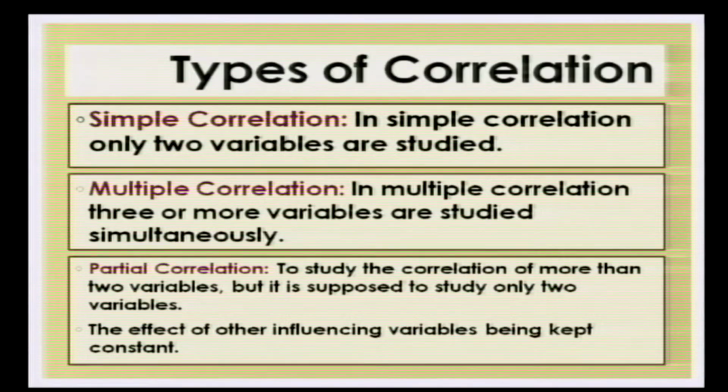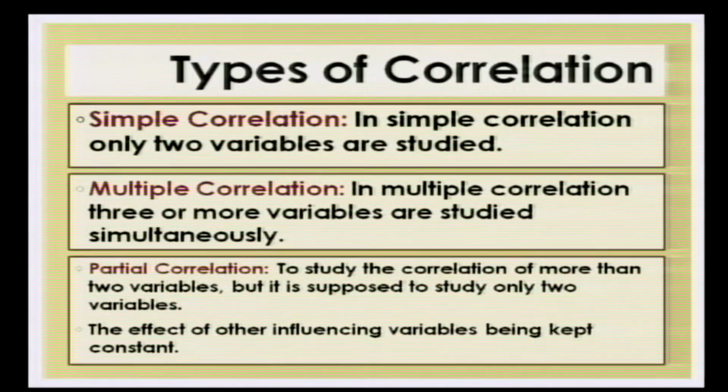Then what is partial correlation? Partial correlation is partial because if the variables are more than 2, there may be 3 variables or 4 variables. But what we do? We try to study the correlation between 2 variables at a time, and we try to see the influence of the third variable on the change of correlation between those 2 variables.